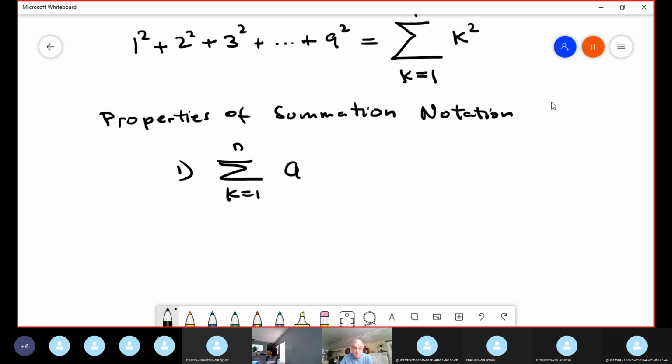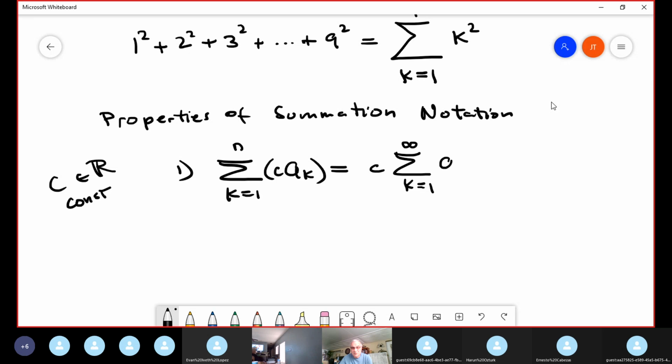You have inside a sub k, where you multiply everything by a constant, c. c represents a constant belonging to the real numbers. So if you multiply everything by a constant, you put the constant outside, like a common factor. This is logical, using the distributive property, you know? It's okay. And when you have a constant, you put the constant totally outside.